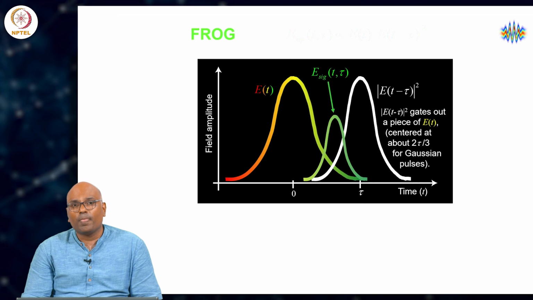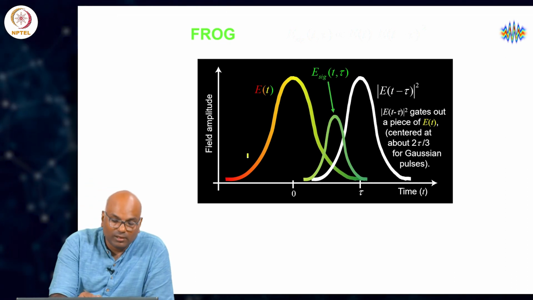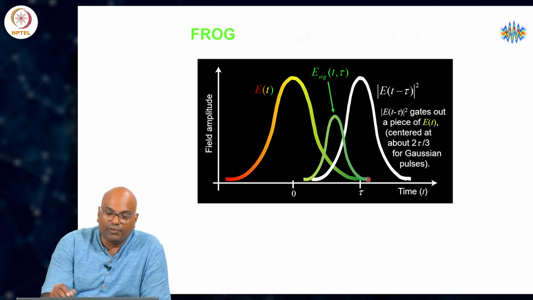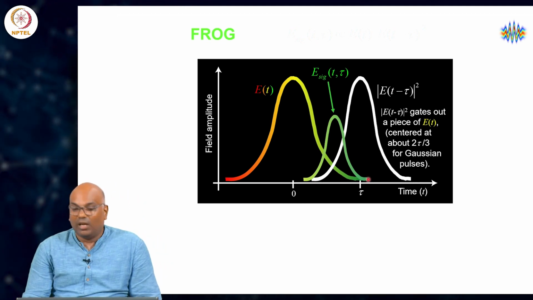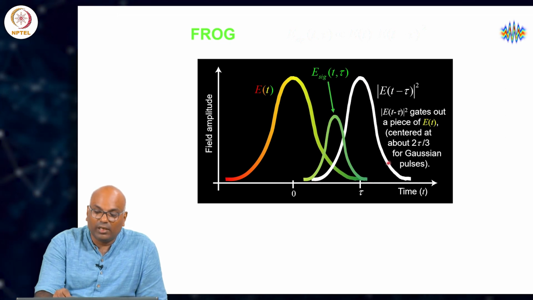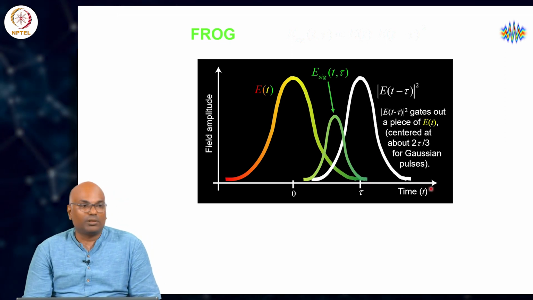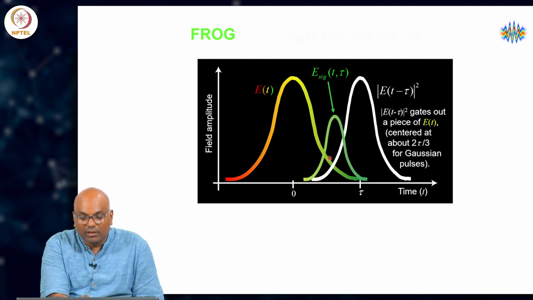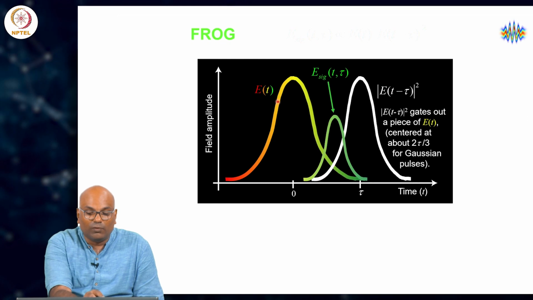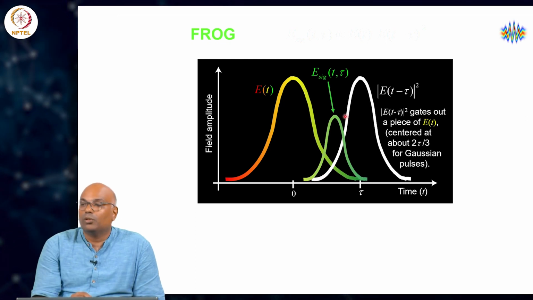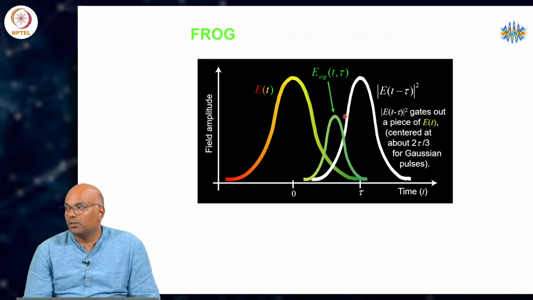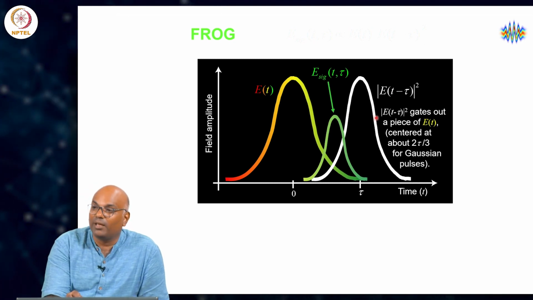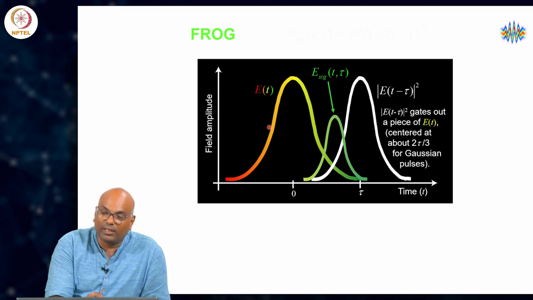How is that? So, have a look at it. This is the waveform of interest. I have made a copy of it and delayed it with respect to this waveform of interest. There is some temporal overlap between the falling tail of the signal and the rising edge of the gating pulse. Now, you could argue that this white thing here is the waveform and the thing on the left is the gate.